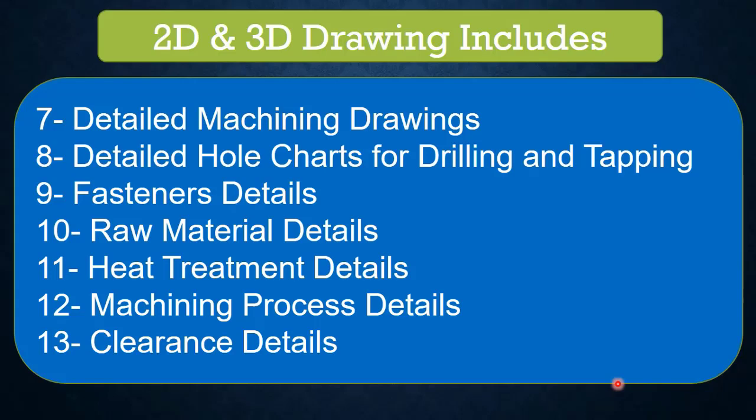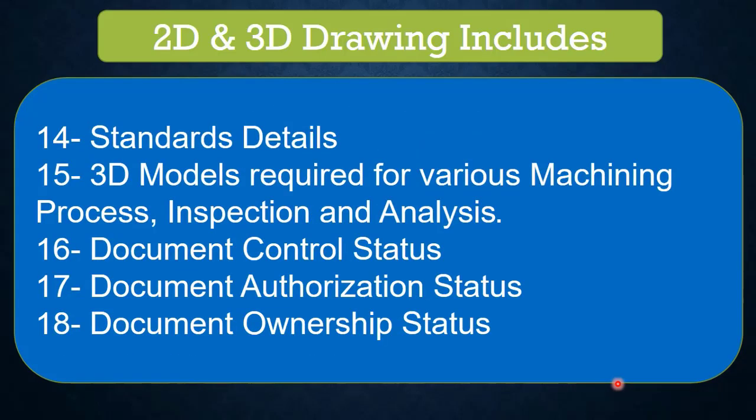Then the standard details. Standard details cover tolerancing or the standard parts used in the dies, like cams, springs, and any other standard parts.